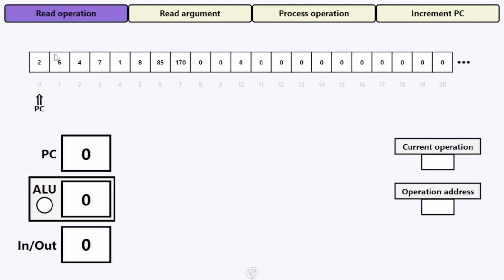Point being, different memories can be accessed and changed in different ways. Let's assume this is a purely volatile computer memory, as in it's not permanent storage. It's only holding the data for a short time, or maybe just as long as the computer is powered on, like your RAM.